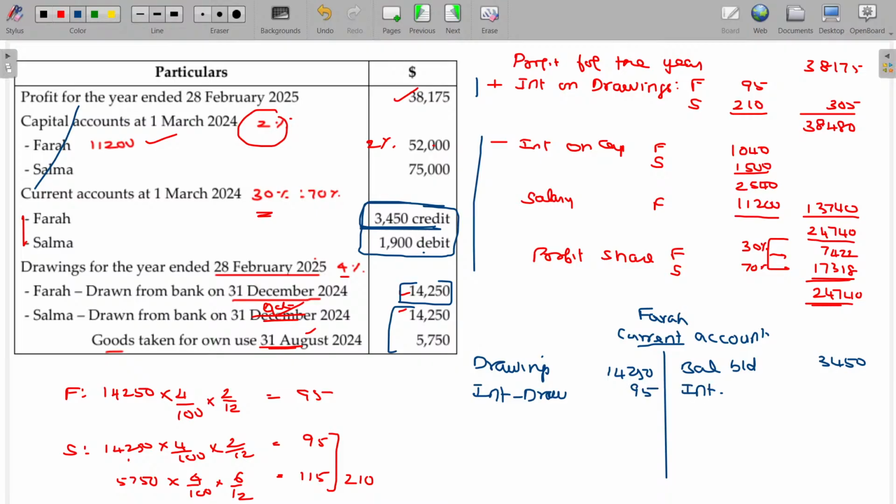Interest on capital, Farah 1,040. Salary to Farah 11,200. And profit share to Farah, 7,422.